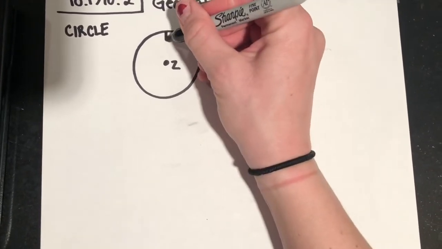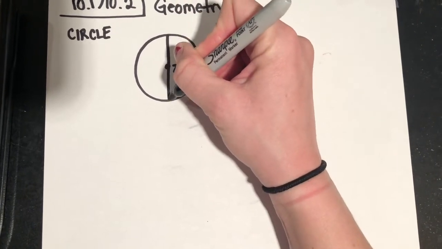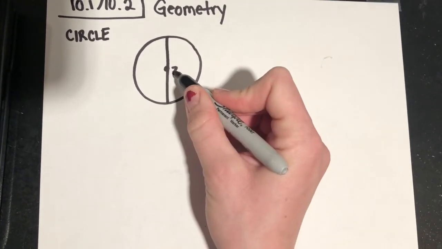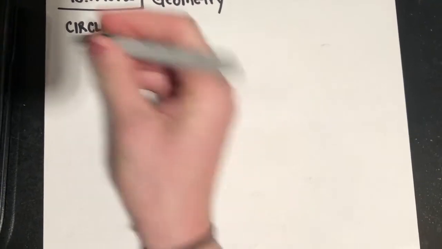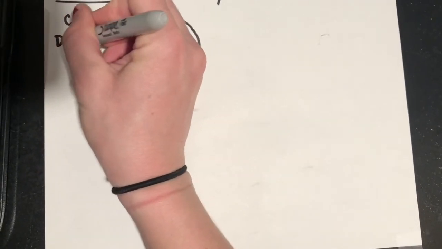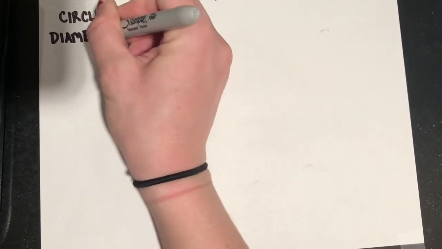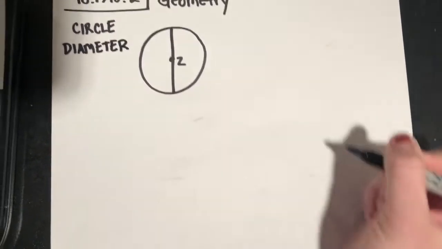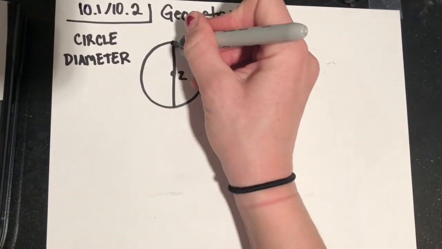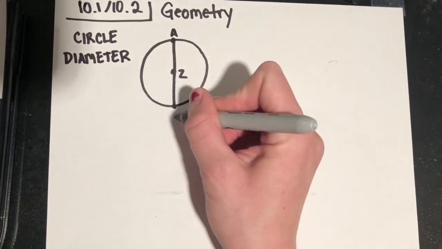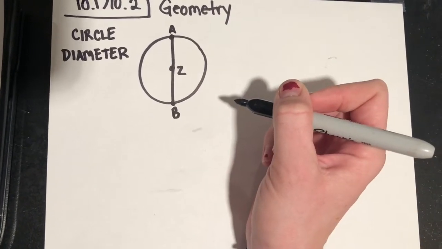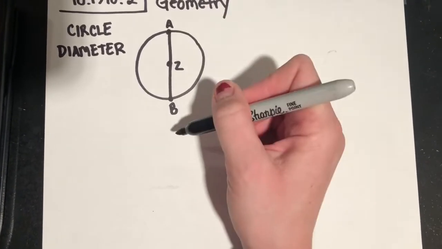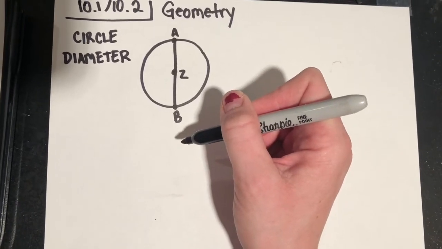If I drew one line through the center of that circle, Z is the center of the circle, that line would be called a diameter. So diameter, let's call that diameter AB. Now, a diameter is all the way across the circle.